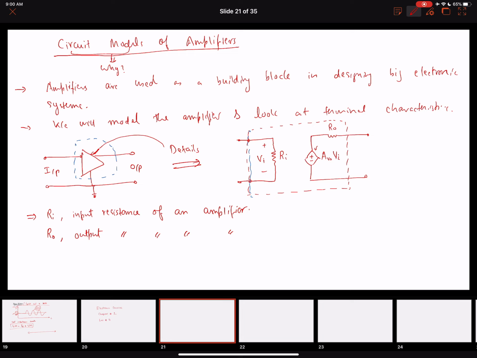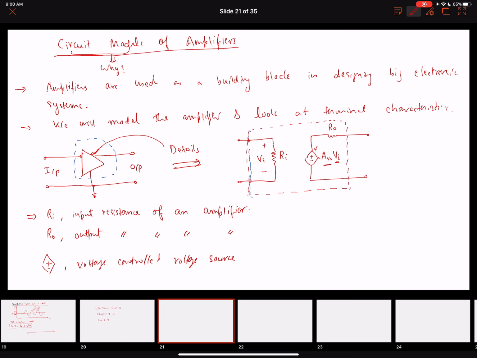And then we have this voltage controlled voltage source, and this is controlled by the input voltage Vi, and AV naught is the gain factor.